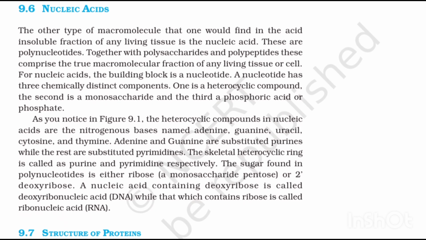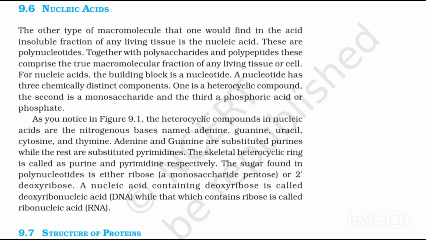As you notice in figure 9.1, the heterocyclic compounds in nucleic acids are the nitrogenous bases named adenine, guanine, uracil, cytosine, and thymine. Adenine and guanine are substituted purines while the rest are substituted pyrimidines. The skeletal heterocyclic rings are called purine and pyrimidine respectively.